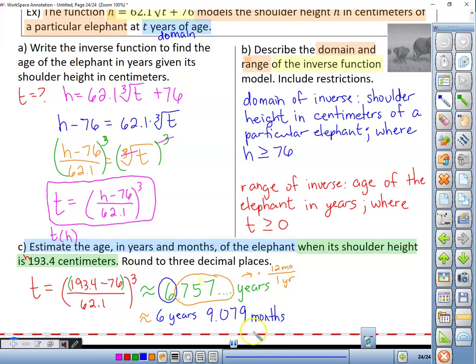Like so. And then we can write our conclusion.